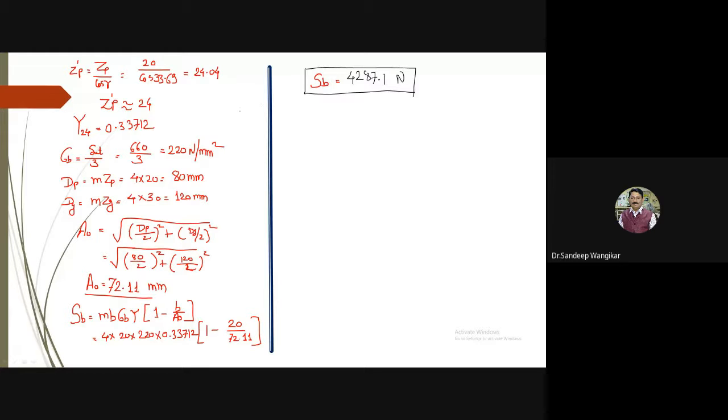Now let us go for step number 2, that is wear strength. Step number 2 is nothing but wear strength.